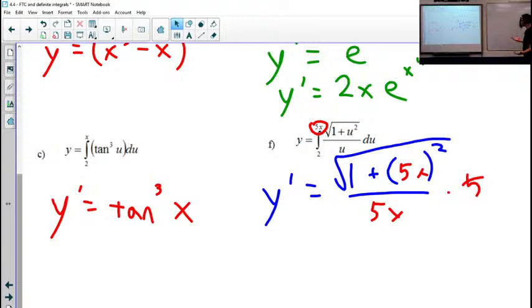So we wrote the same function, except wherever there's a u, we put a 5x to match the bound, times 0 to the inside part.